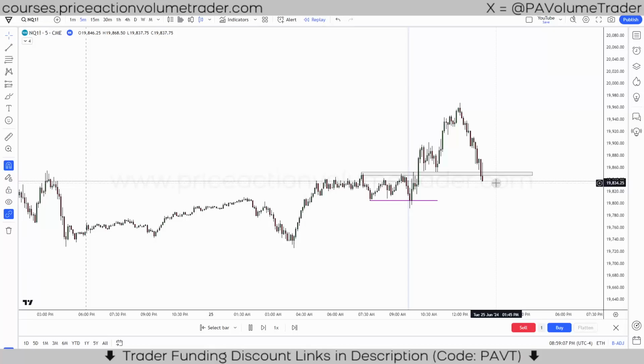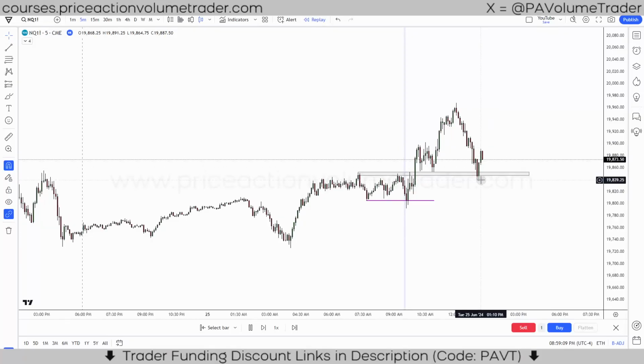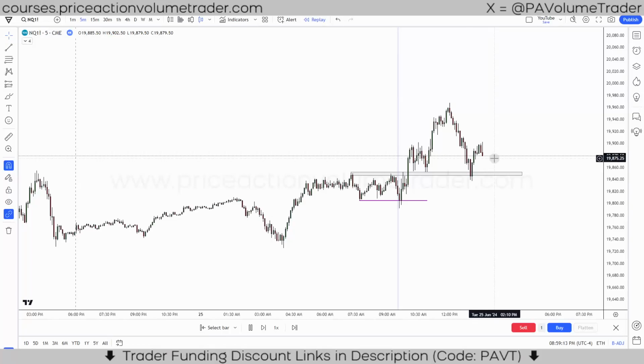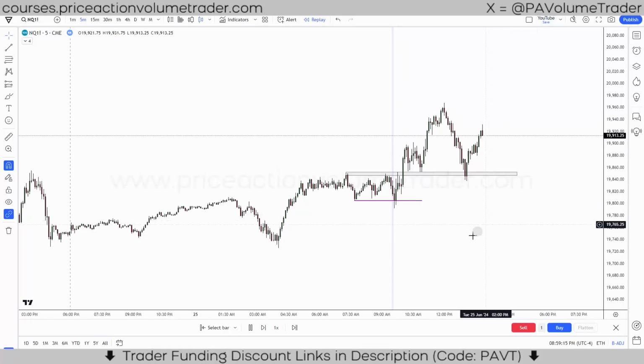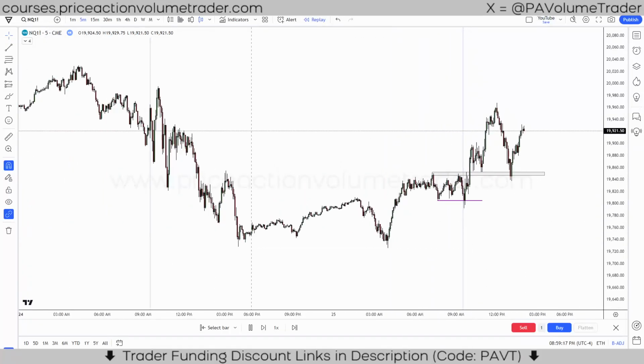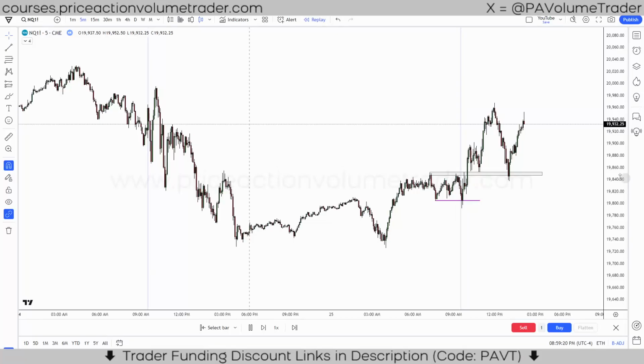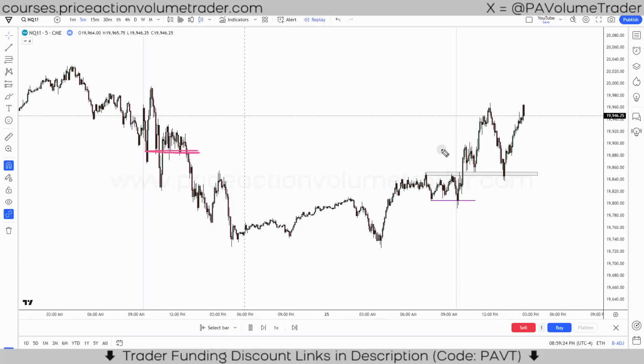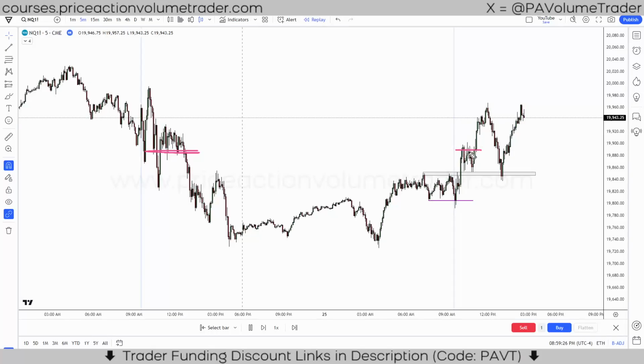And right here you can see we actually did come back and retested that whole level. And then the market in this case started pushing up. And from there, the first target was right over here, which we actually hit on the breakout.